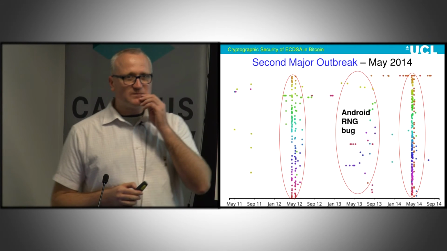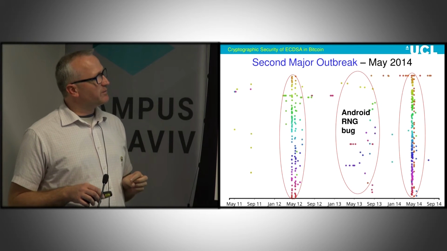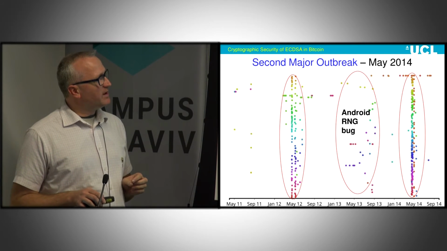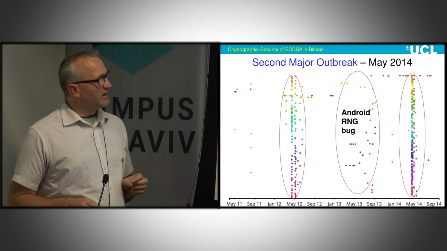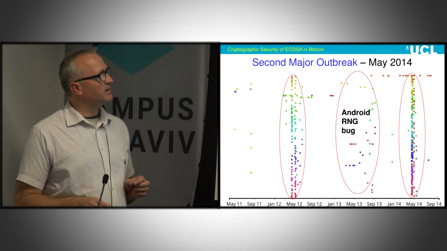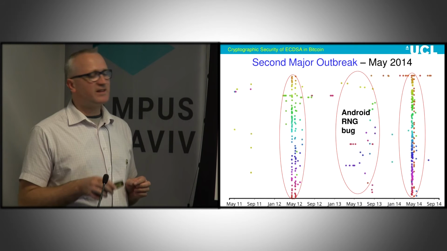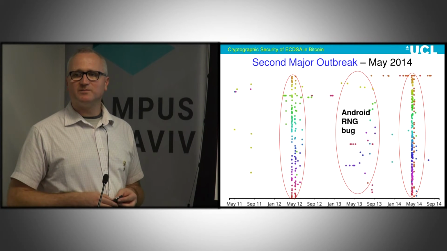What you can read from this graph is that when you have many points in this direction, it means that at a certain moment in time, different private keys have had the same problem, the same vulnerability. So you get like a line. It means that at the same moment, many people are using the same software. It kind of shows on the graph.